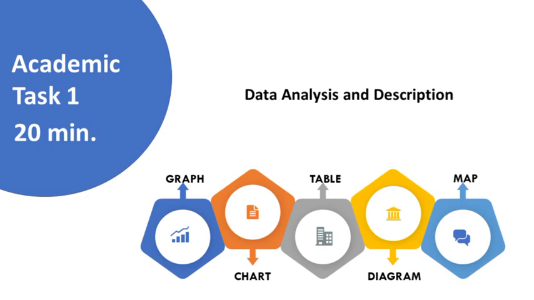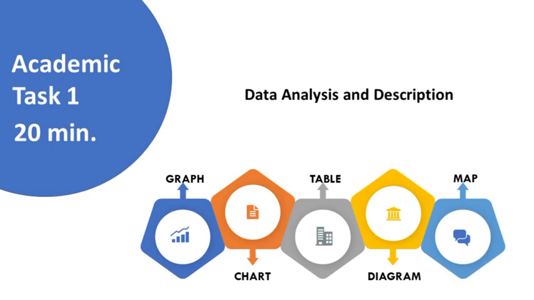The third example that you're likely going to come across is table. So you are likely to come across table, and there will be data on the table, and you'll be expected to select main features from the table as well as reports and summarize them.